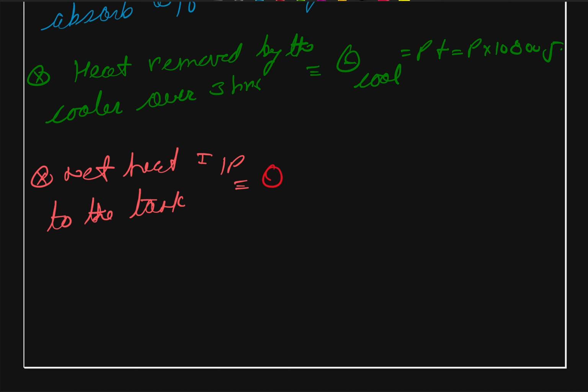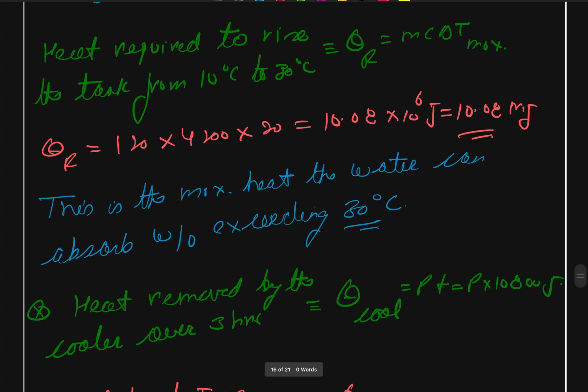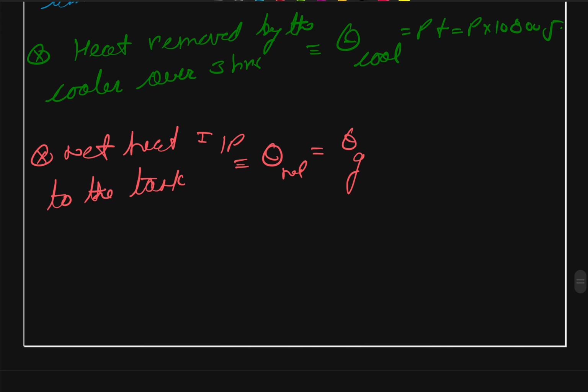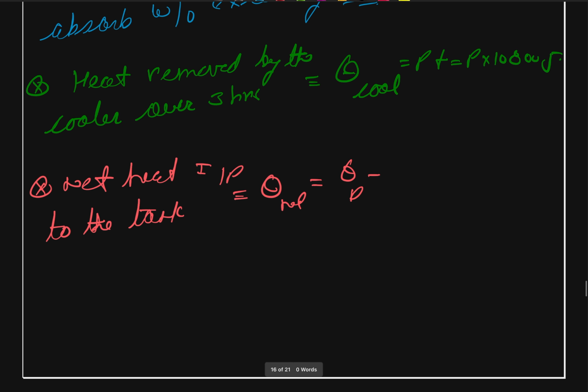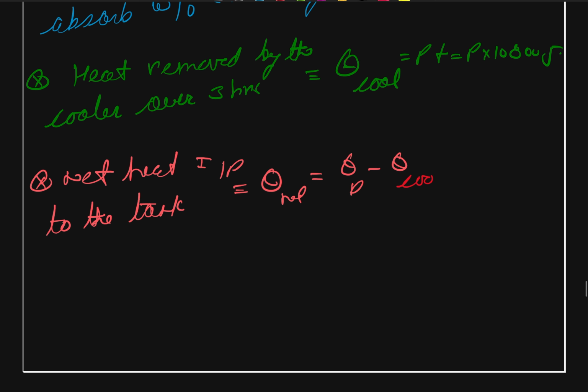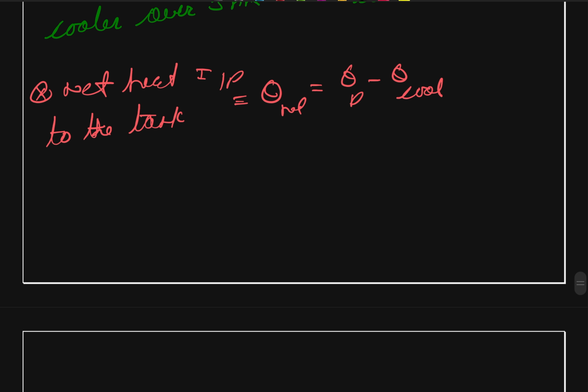We can call this Q net, which will be equal to Q generated, Q device, minus Q cool, and we simply substitute the values. We get Q net will be equal to 32.4 into 10 to the power 6 minus P times 10800. Okay.